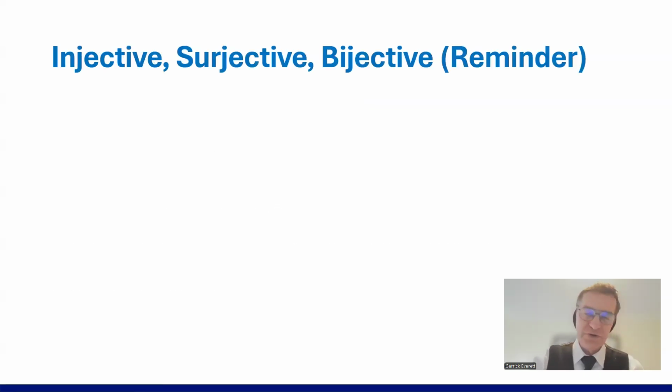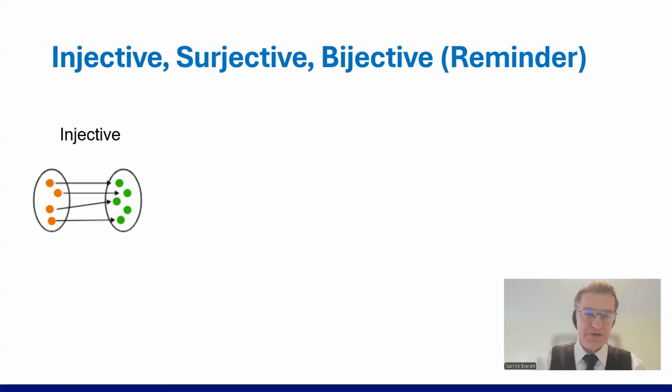Okay, so this is just a reminder. Hopefully you've seen this before, maybe in second year in that lecture. So injective is where you've got one set going to another set, like if this is set A, everything in set A goes to something in set B. And you notice here, this one's left off.